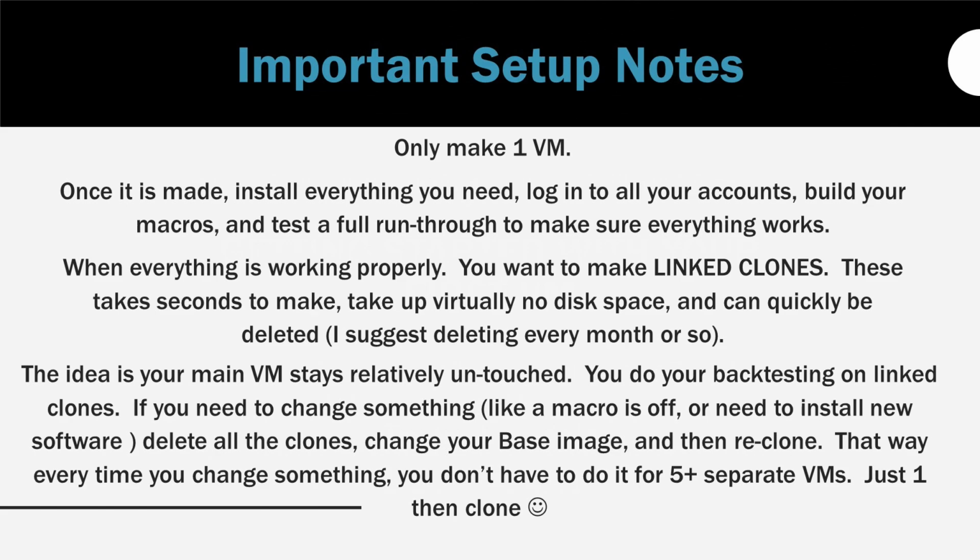If you need to change something, like a macro is off or new software needs to be installed, just go back, delete all the clones, change your base image, and then reclone everything. That way, every time you change something, you don't have to go into 5 separate VMs and change every single one of them. You just do one and then clone it.